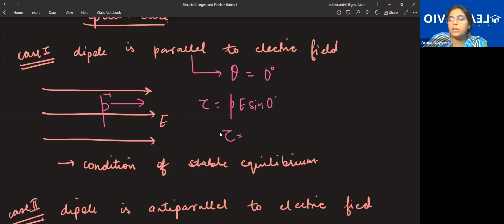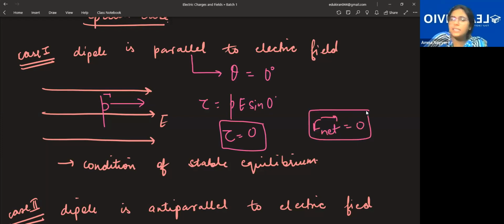Directly torque will be 0. And we know already that net force was also 0. So it's a condition of stable equilibrium. What is stable equilibrium? Let me tell you this, then I'll explain what is stable equilibrium and what is unstable equilibrium.